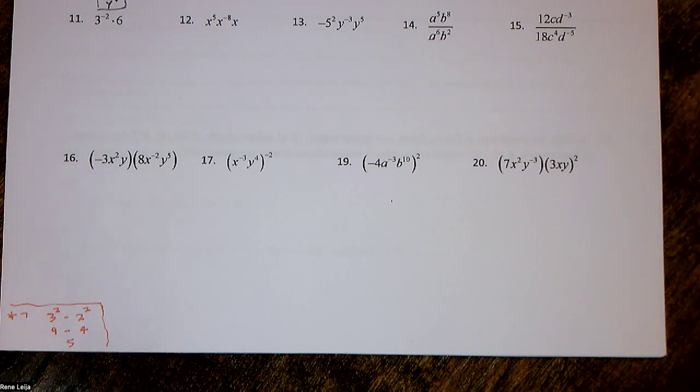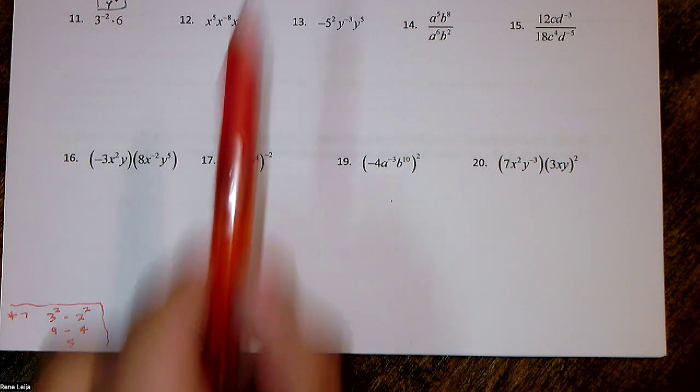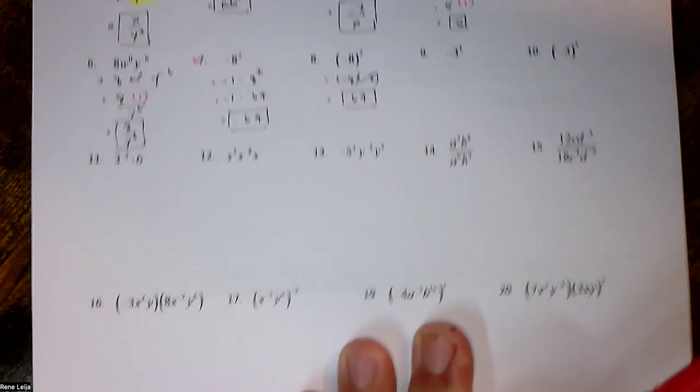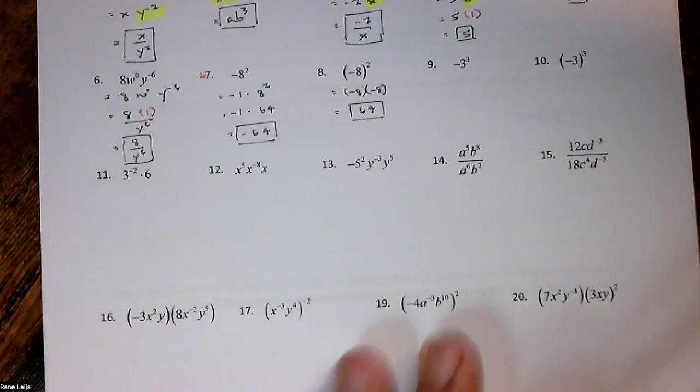Now notice, if I were to cover this part up, do you see how the negative sign still stays there? The only thing that we did was square the 2. We did not square a negative 2. So something like number 7 is just taking that back half of that example that I just showed you.